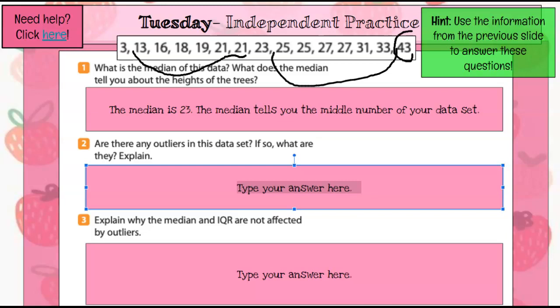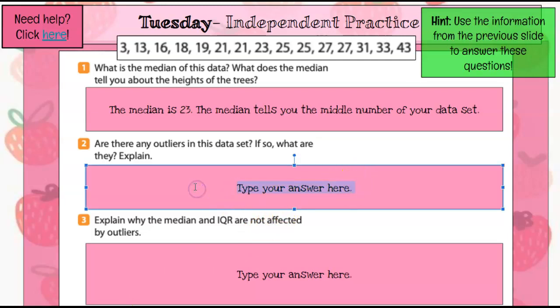So that means 43 and 3, for them to be by themselves 10 numbers away from the number previous, they are outliers. That's a really big difference for those numbers to be that far away. So that's what we're going to write here and explain.